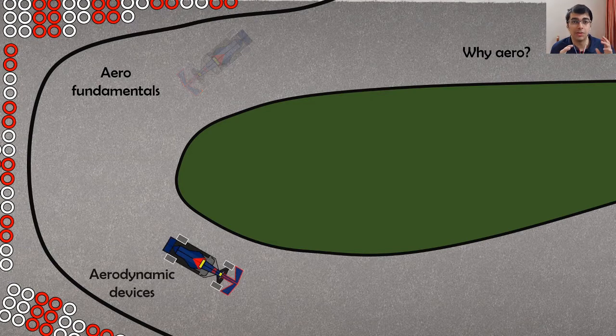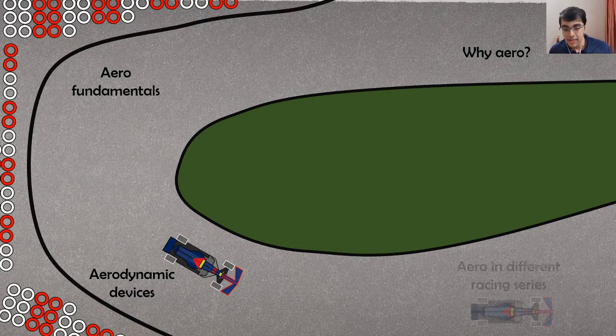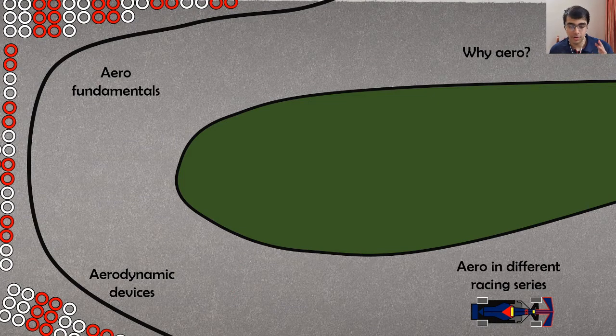We'll also go through a few of the aerodynamic devices that are used in vehicles. Obviously, there are a lot of them used in race cars today, but we'll cover some of the basic ones, namely the front wing, the rear wing, and the diffuser underbody section. And we'll also go through how aerodynamics is used in different racing series, and have a lot of pictures at the end of the presentation.